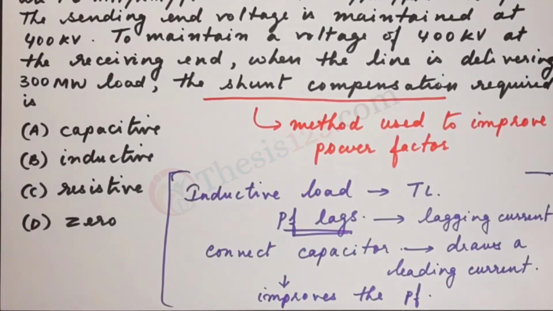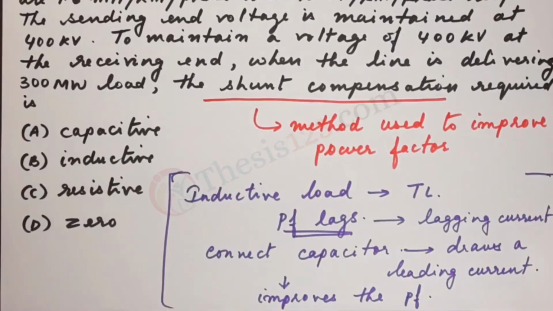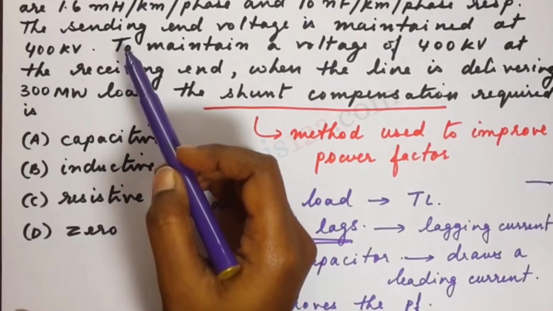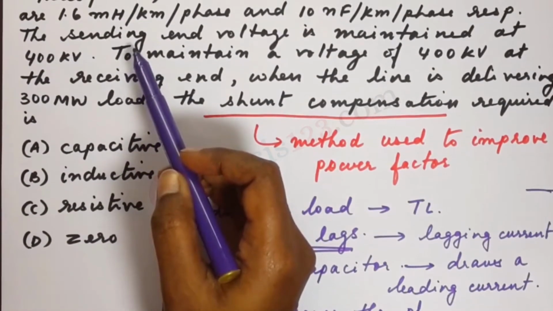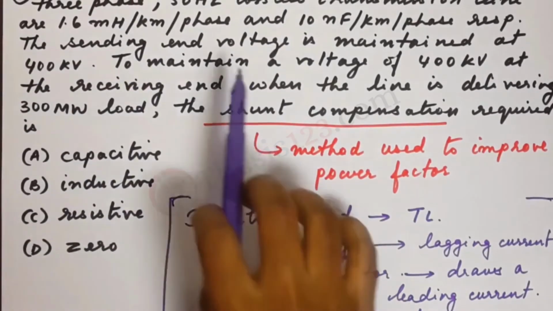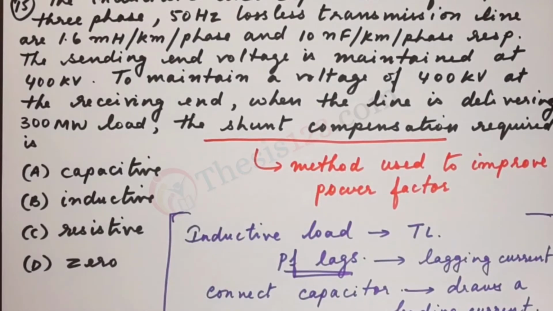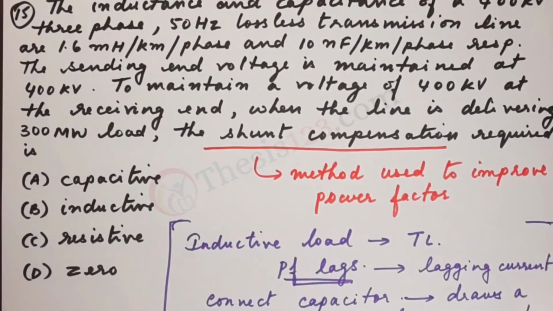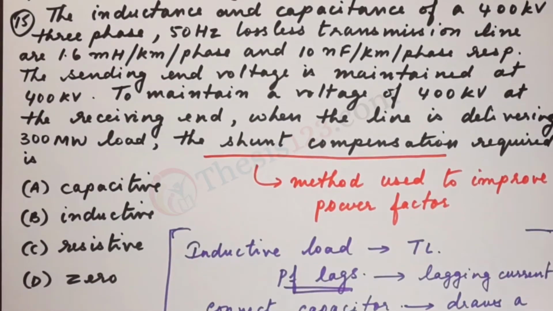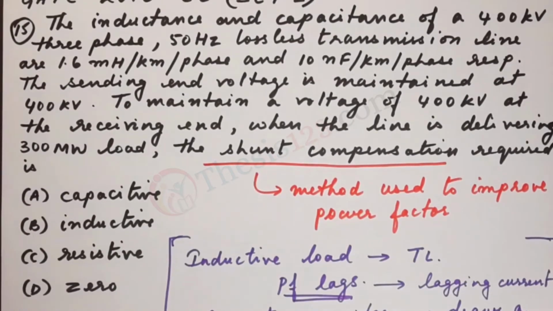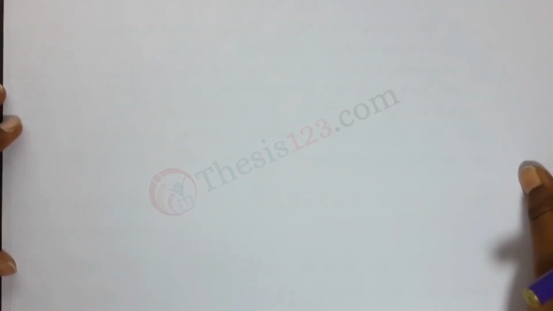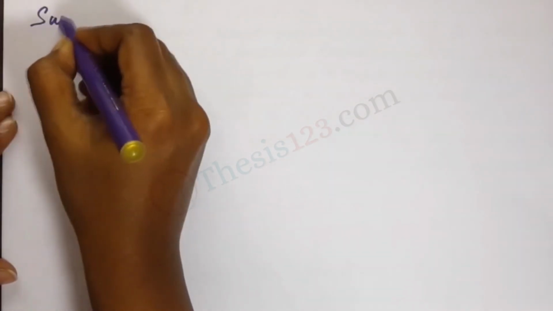Now let's look at the surge impedance of the system given. We have been given the inductance as well as the capacitance value, so we can find out what the surge impedance is. Let's calculate it.